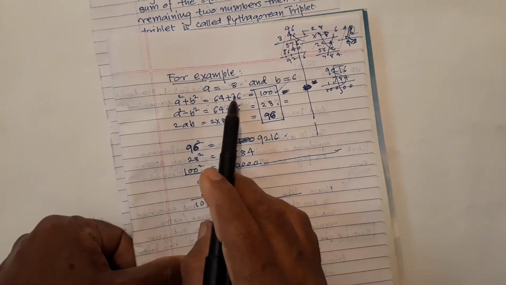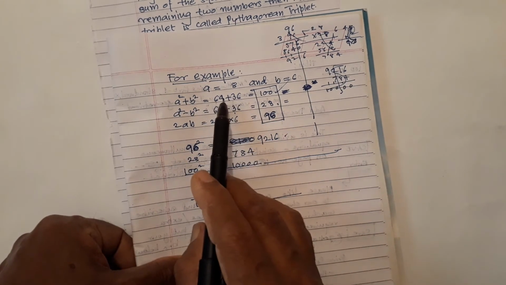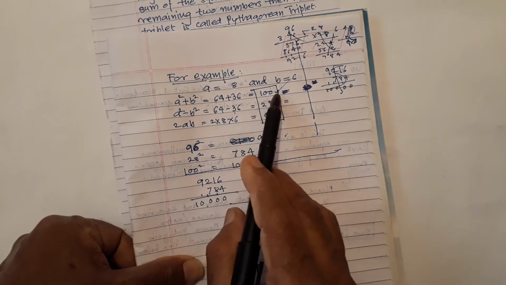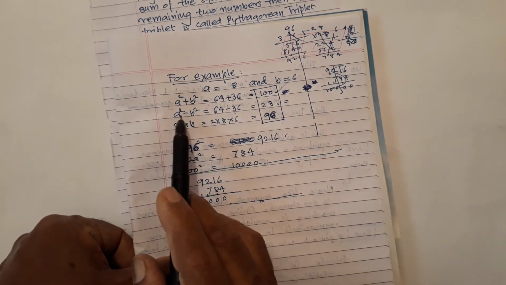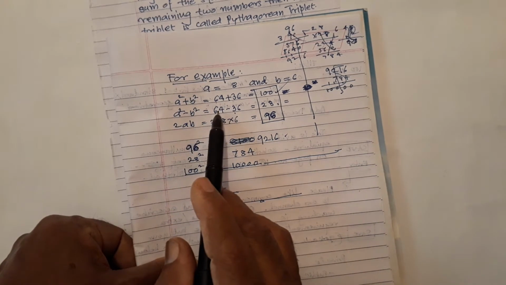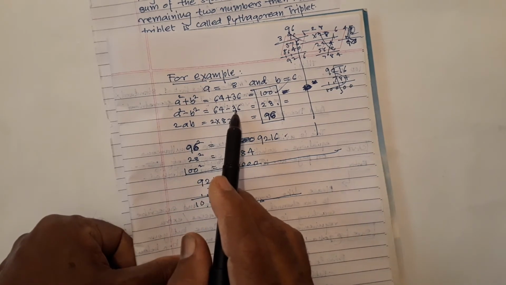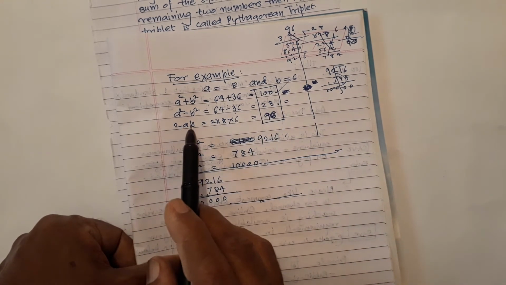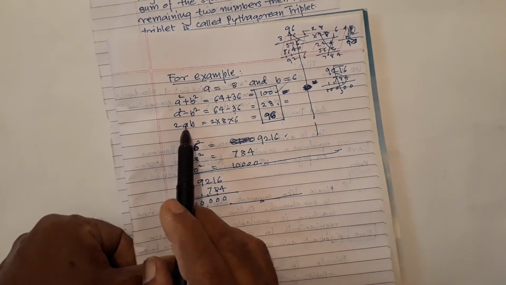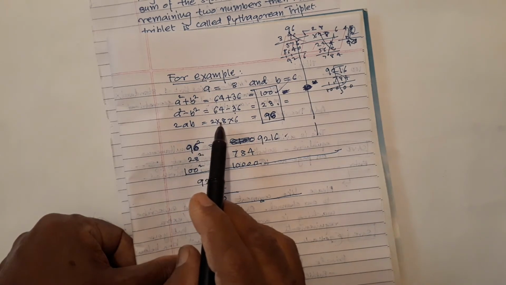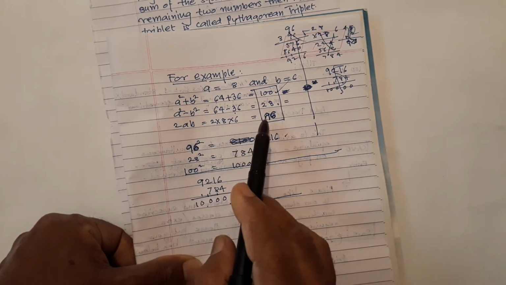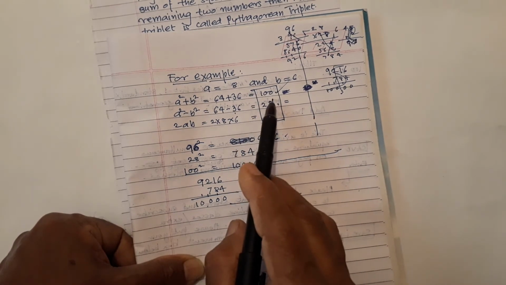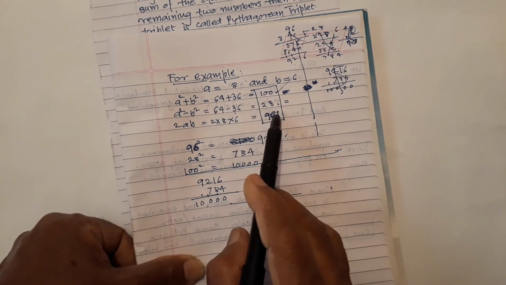So A square plus B square is 64 plus 36, that is 100. Then A square minus B square means 64 minus 36, that is equal to 28. And 2AB means 2 into A into B, 2 into 8 into 6 gives you 96. And these three numbers are a Pythagorean triplet.